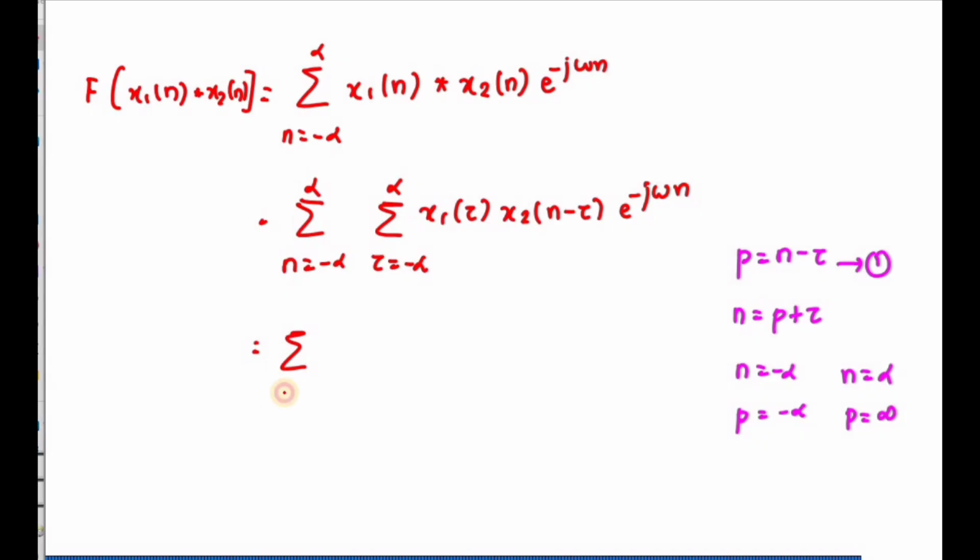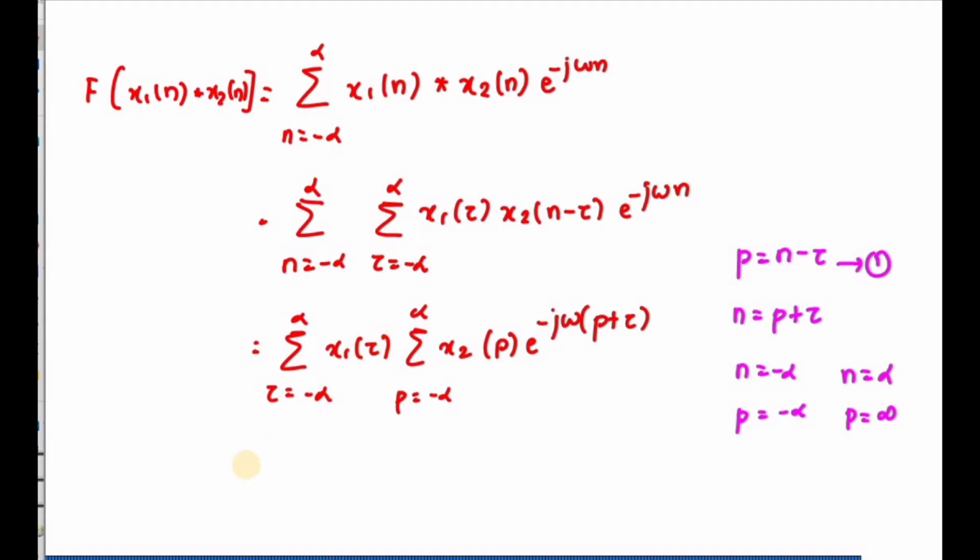So I can write this as the summation over tau from minus infinity to infinity of x1 of tau, times the summation of x2 of p, e power minus j omega, with n replaced by p plus tau, where p is from minus infinity to infinity.